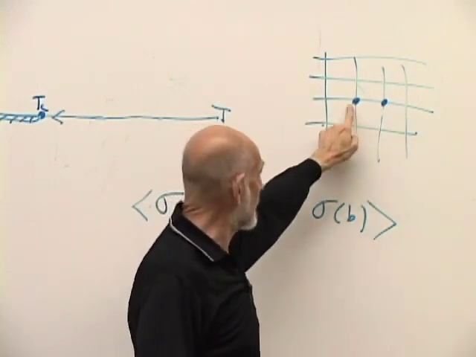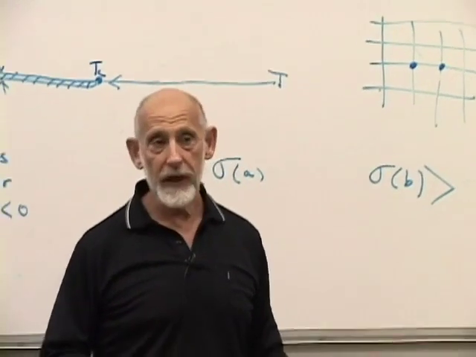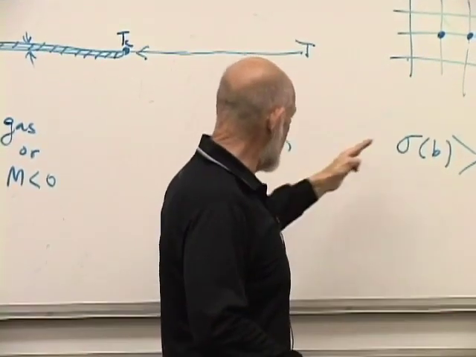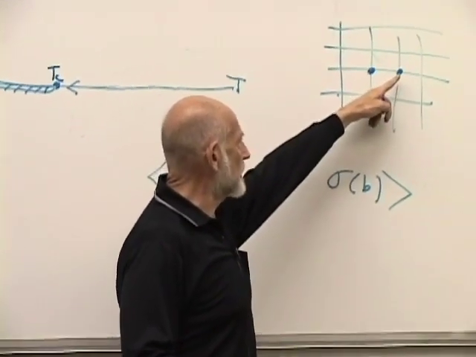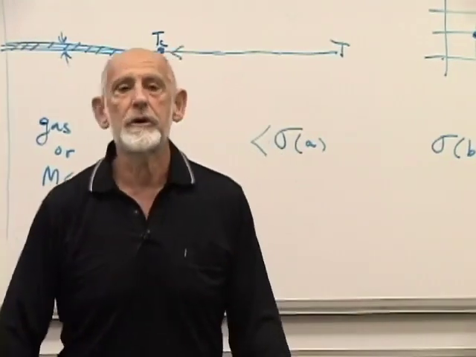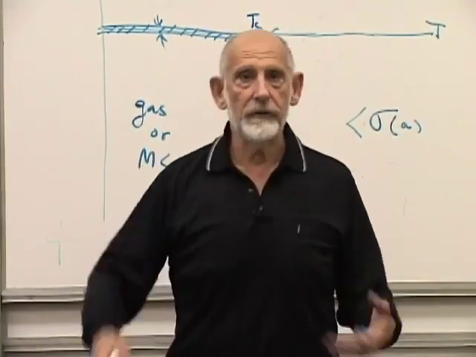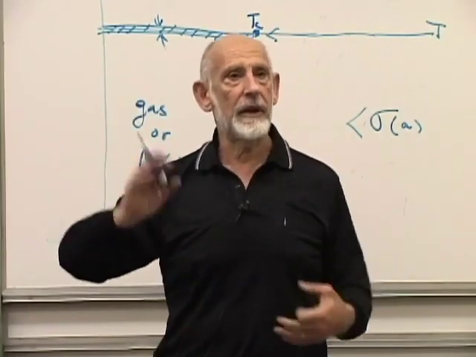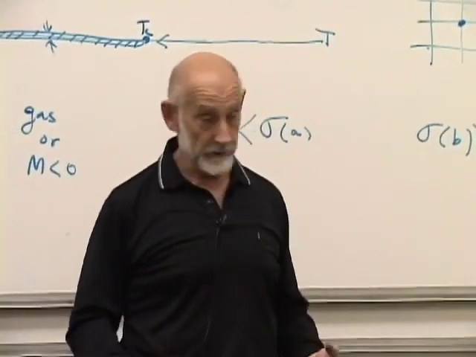Some average, given that this one is up, what's the probability that this one is up or down? And that represents the correlation function. Or better yet, given that this one is up, what's the average of this one? All right. So what would you expect again at very high temperatures? Just 0, because they're fluctuating completely independently, because the temperature is so high that the bond joining these is ineffective.